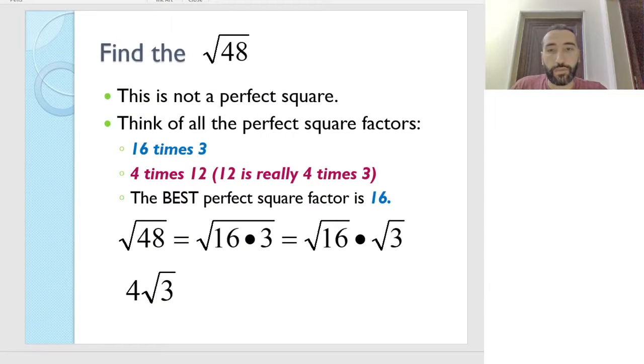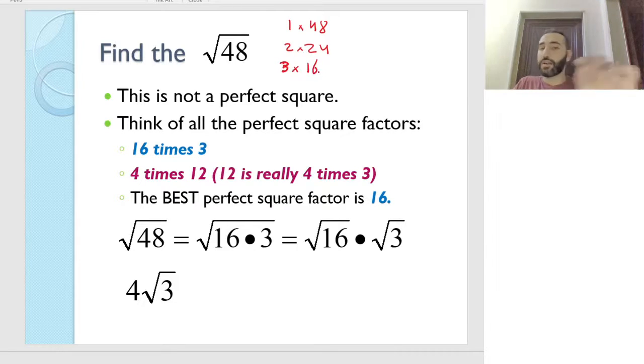So the factors of 48 are 1 and 48. 2 times what gives 48? 2 times 24. 1 and 48, 2 and 24, they are not perfect squares. Let me search: 3 times what gives 48? 3 times 16.